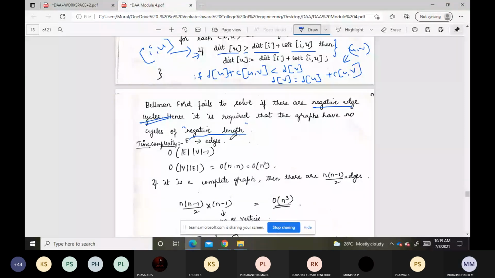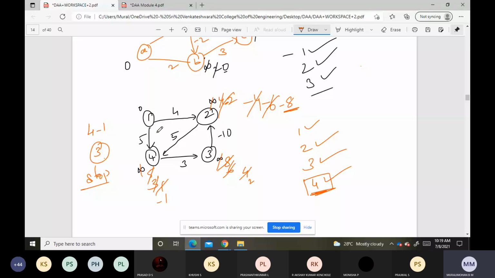Is it clear? Kindly respond please. What is the drawback of Bellman-Ford algorithm? If a directed graph is having a negative length cycle, a cycle with negative edge, then this Bellman-Ford algorithm cannot be used to find the shortest path. Any doubt?